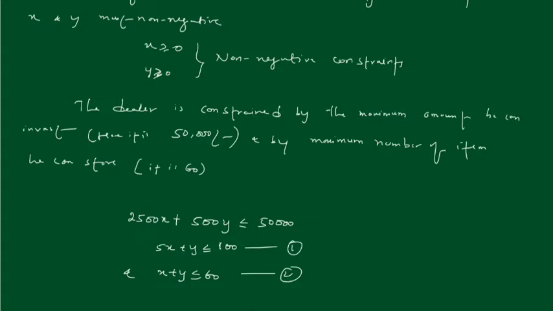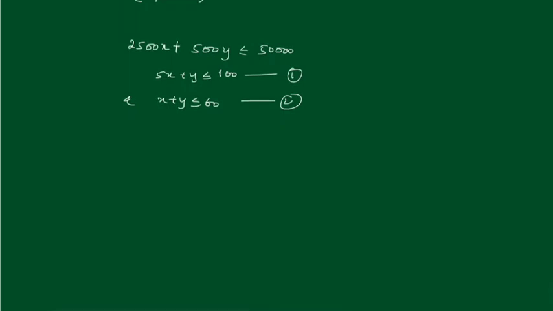Next, the objective function: Z equals 250x plus 75y is called the objective function.